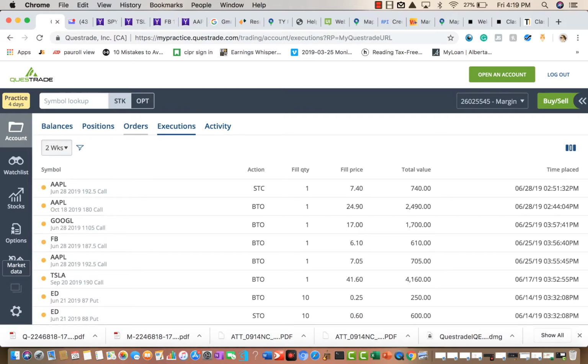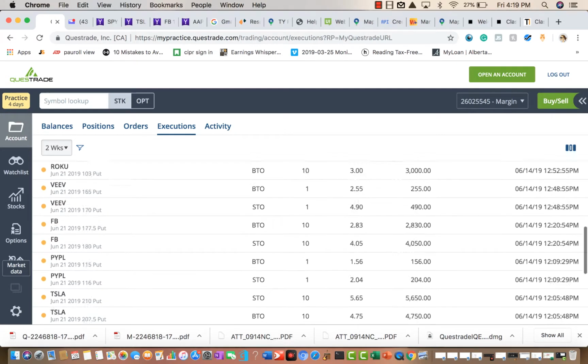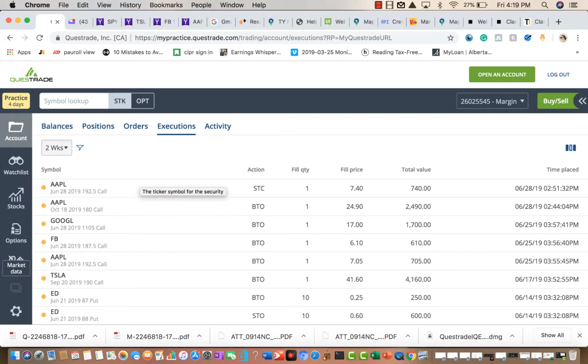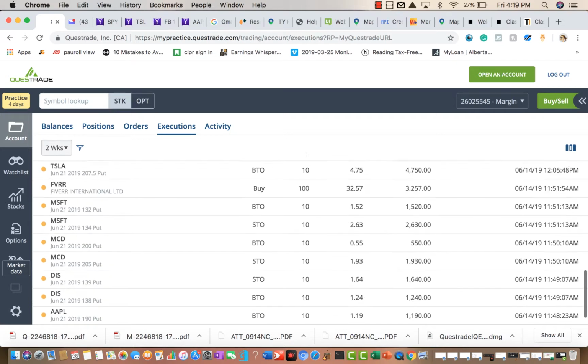All right, so let's go to executions. So executions basically is where you would go to see what you did, pretty much all of your trades are gonna be here. All of your trades that got executed, and executed basically means what? All of your orders that got filled, that were completed, they'll all be here.